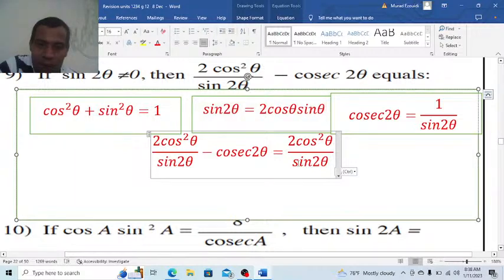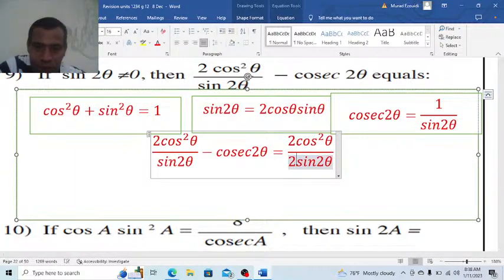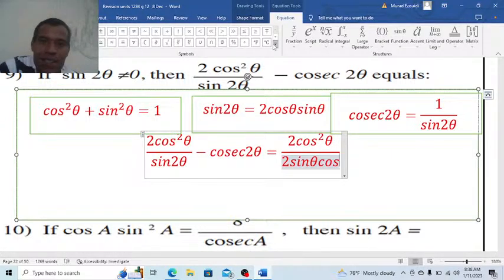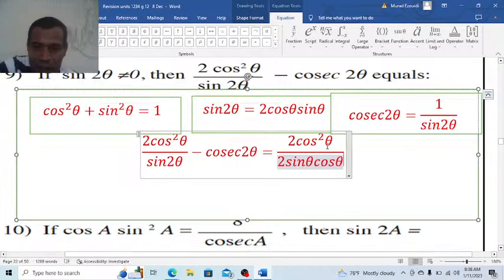Before simplifying, just remember that we have 2 cosine square of theta divided by 2 sine theta cosine theta, which you can simplify by 2 cos theta.